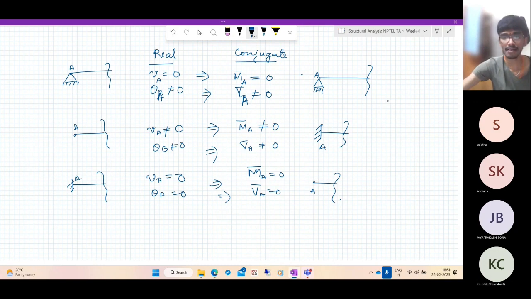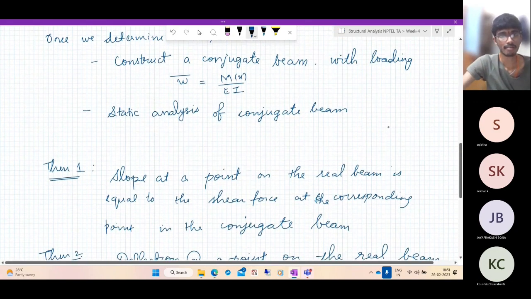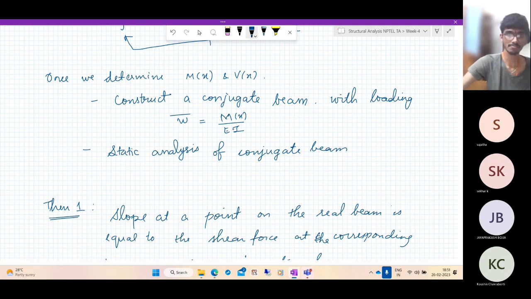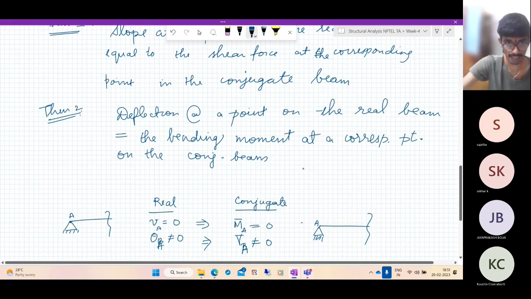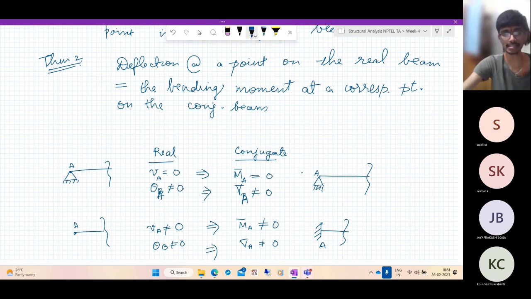Very simple: given a beam, find its internal bending moment diagram. Now construct a conjugate beam with a loading equal to M by EI, and carry out a static analysis of the conjugate beam subjected to these transformed boundary conditions. Then in one shot, you can get the deflections and rotations at any given point in the real beam.